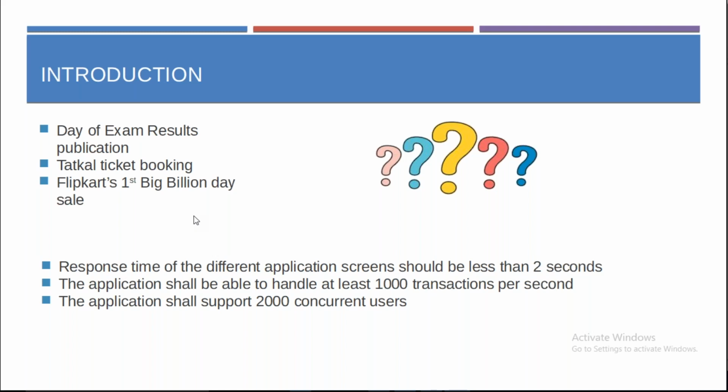So my requirement is that my application should be able to handle 1000 transactions per second. This is also one example of a performance requirement. The application shall support 2000 concurrent users. Now, as of today, every application is on the internet.